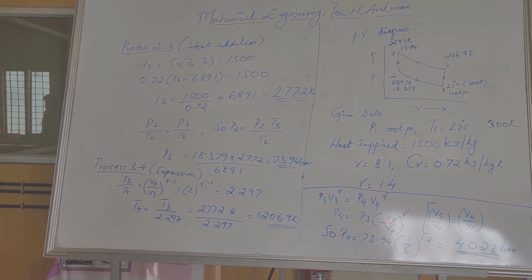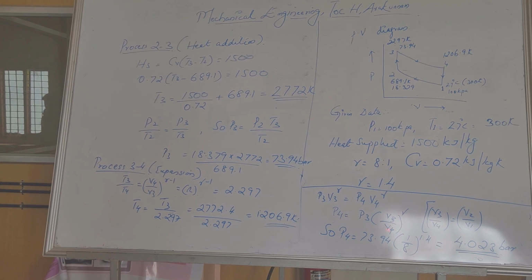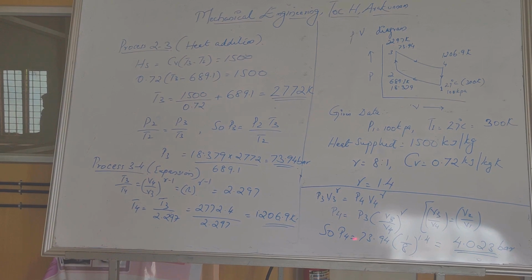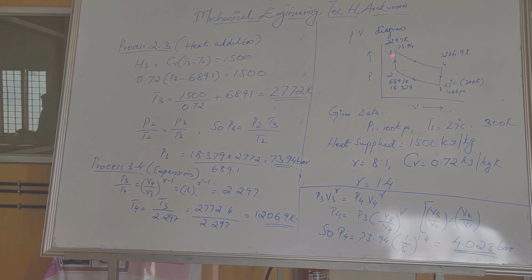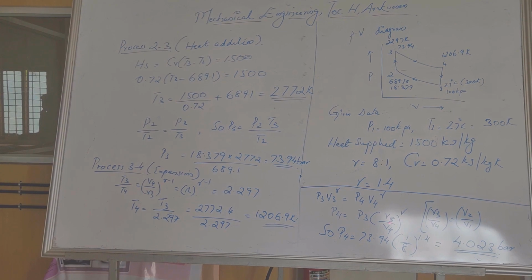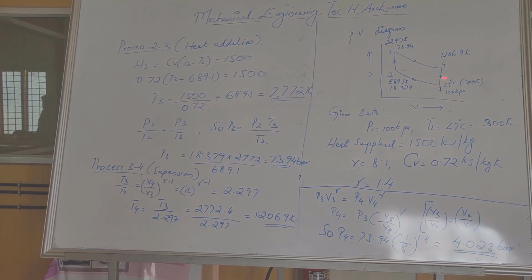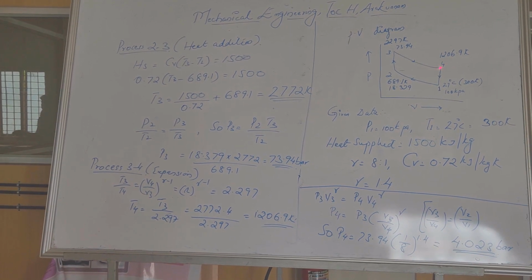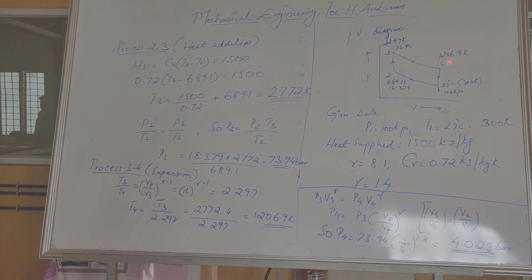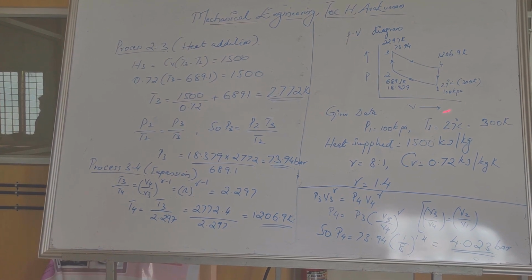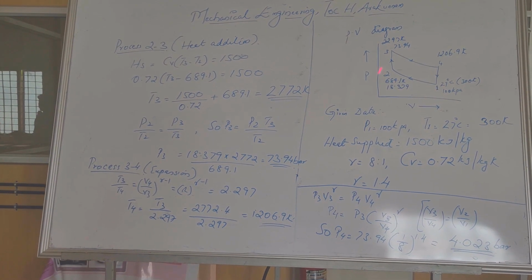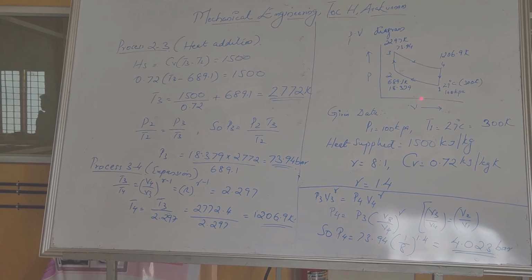And V3 by V4, you are aware that it is V2 by V1, that is R. Now put the value, P4 will be equal to, the value of P3 is 73.94, and then 1 by 8, 8 is the compression ratio, raised to gamma 1.4, you get 4.023 bar. Now at point 4, the pressure is 4.023. Okay. And now all temperature and pressure at the salient points have already been calculated and noted.